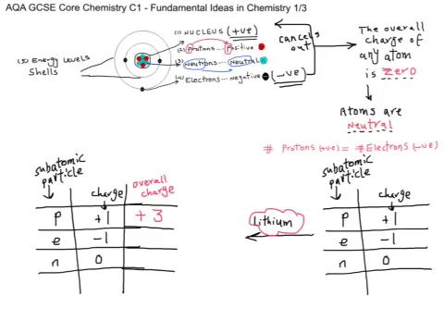And since the atom has no charge overall, the total charge of the electrons must be -3 to cancel out the charge of protons. Each electron has -1 charge. This means there must be 3 electrons around the nucleus.